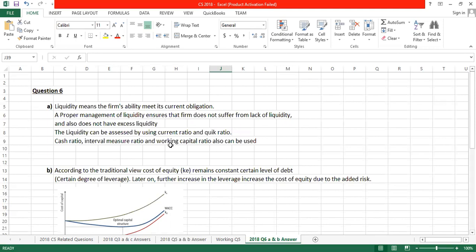But the current ratio and quick ratio are the main ratios for calculating liquidity. If the current ratio and quick ratio are more than one, the firm has the ability to pay its current obligations on time. But if less than one, the firm's cash flow could be in trouble.